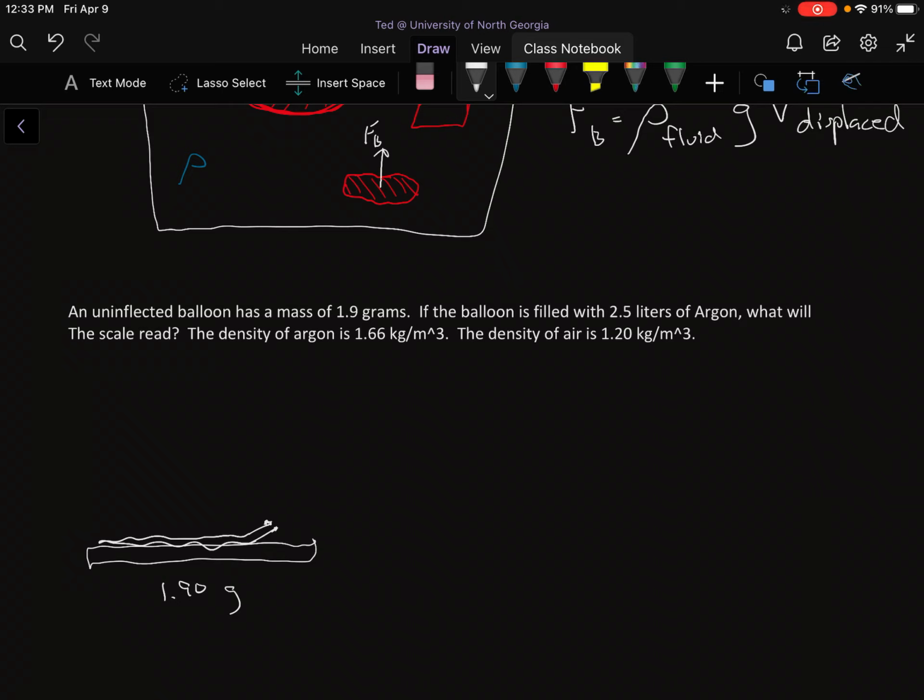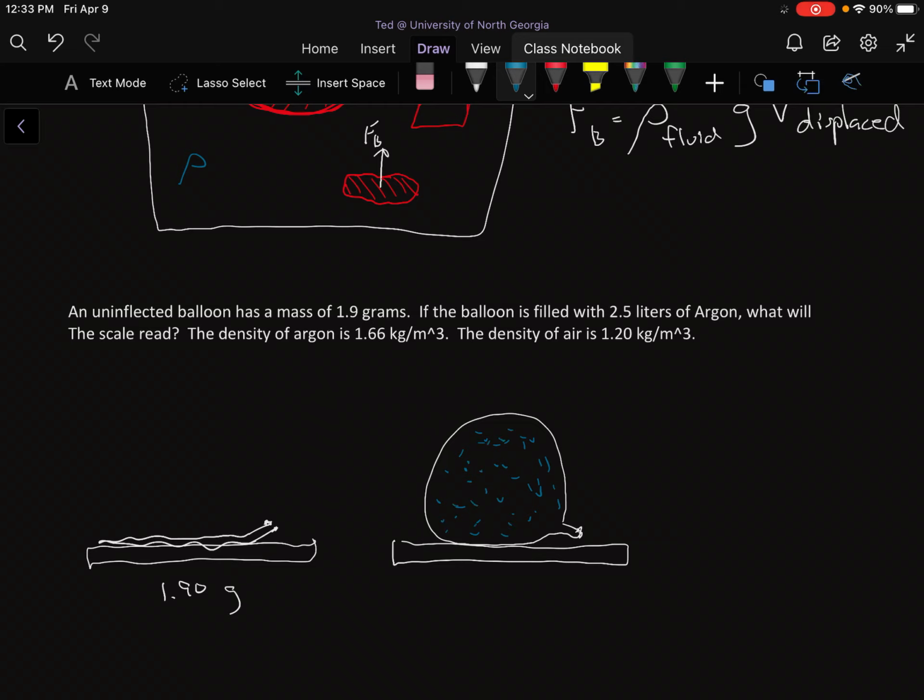Okay, if we then take that balloon and we fill it with argon, now argon is a gas that is heavier than air. So we fill this balloon with argon, and that gas is heavier than air. The question is going to be, what will the scale read?